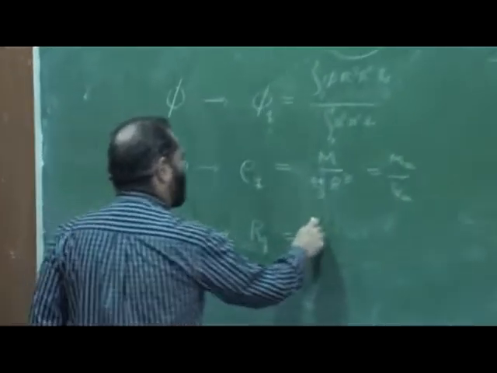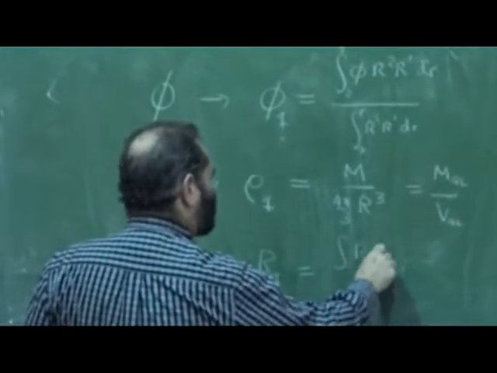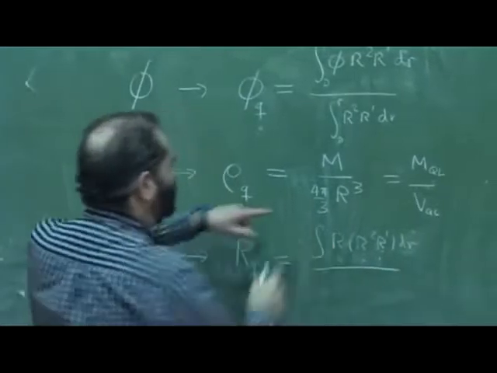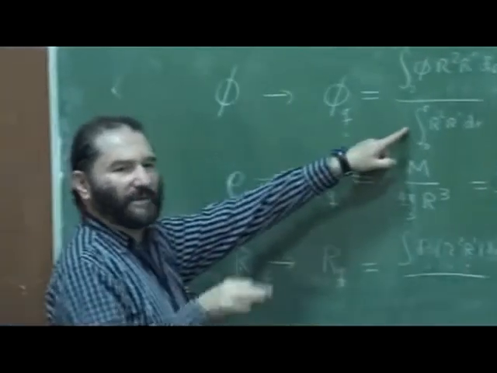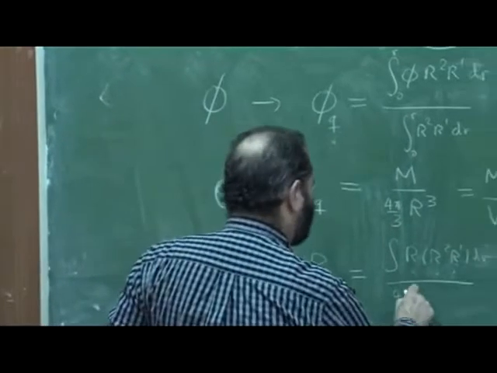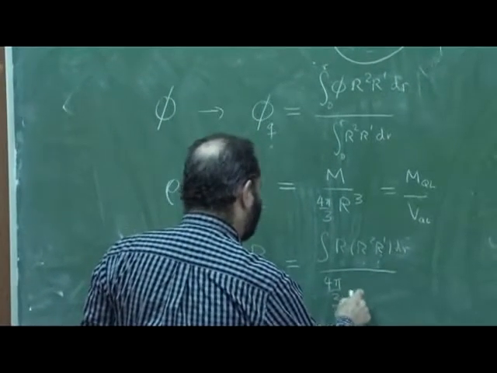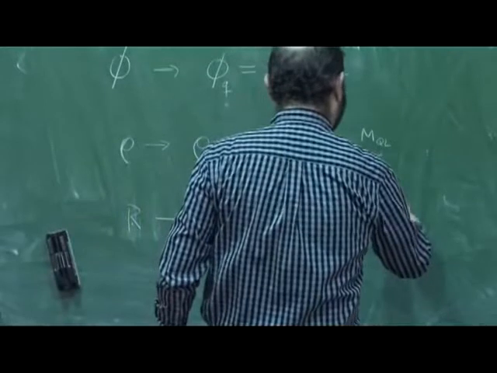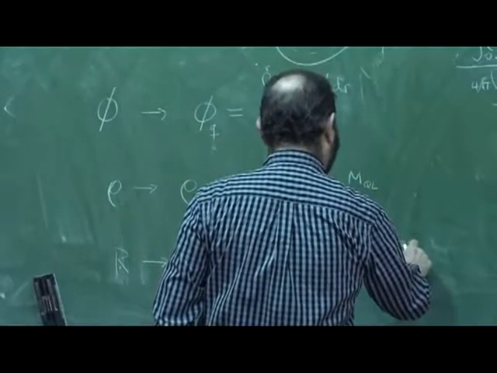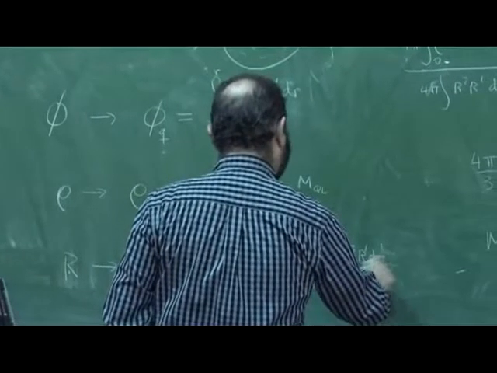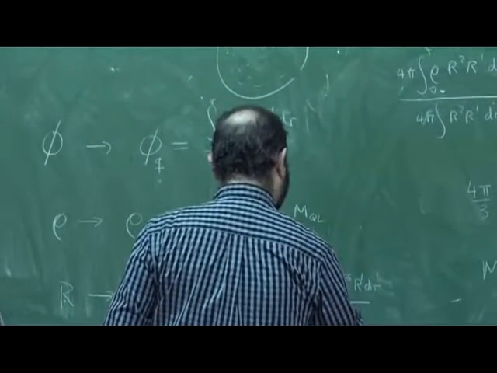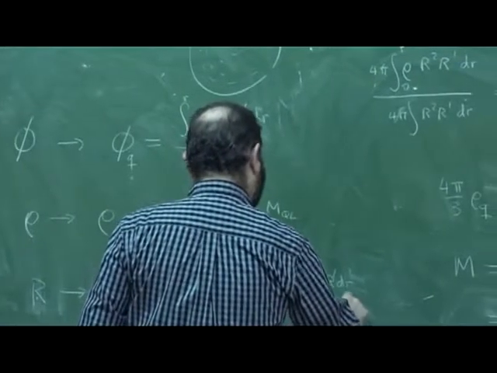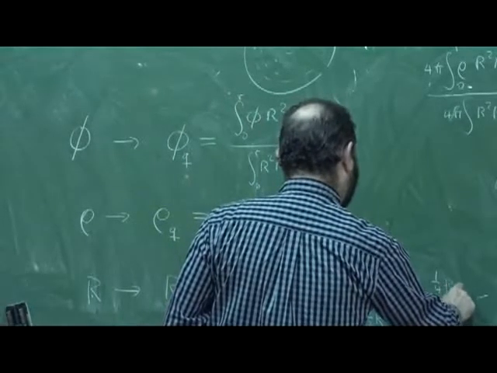What is R_Q? R_Q is the integral of R squared R' dr, and the denominator below will always be 4 pi over 3 R_Q. But notice that this becomes the integral of R_Q R' dr, and this is 1/4 of R^4.